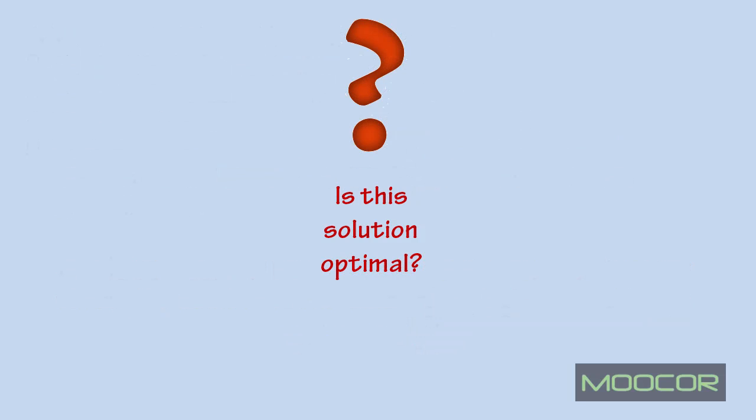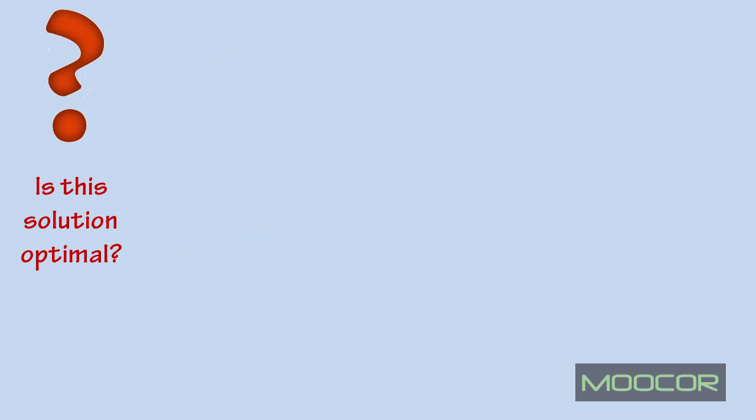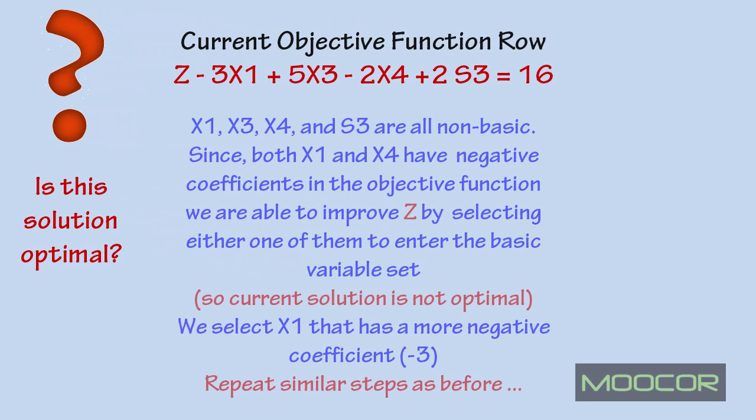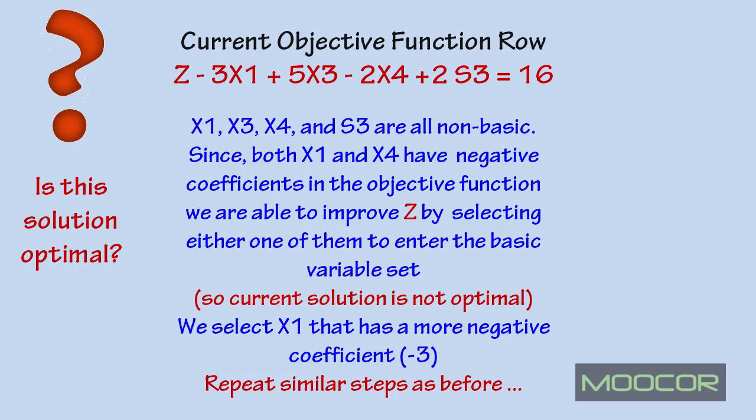Now, the question is whether this solution is optimal or not. The current objective function row is z minus 3x1 plus 5x3 minus 2x4 plus 2s3 equals 16. Notice that there is a negative coefficient.